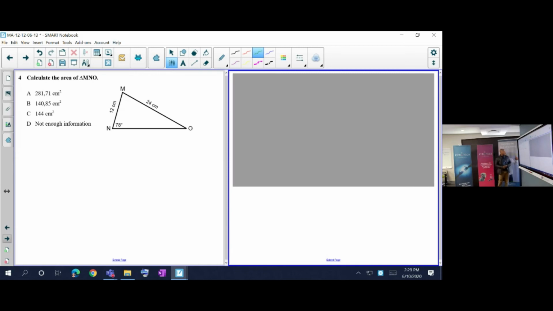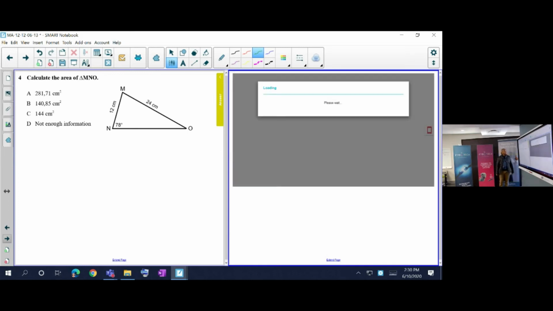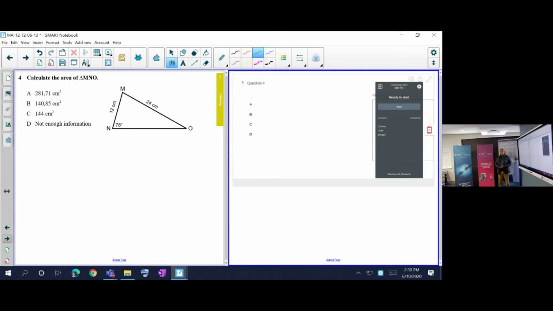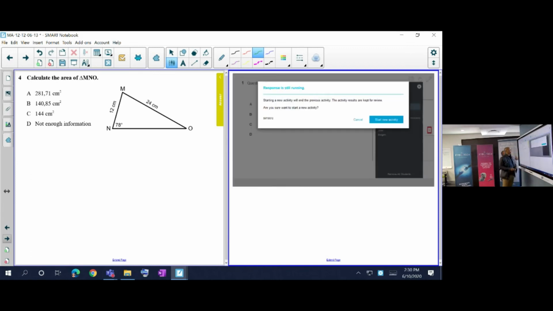So we also have question number 4, which we are going to look into within a second, but it's looking at the area of another triangle. As I said, triangles are not named ABC or PQR only. It can be any letter. It can even be some of the Greek alphabet. And in this case, we do have a triangle MNO.